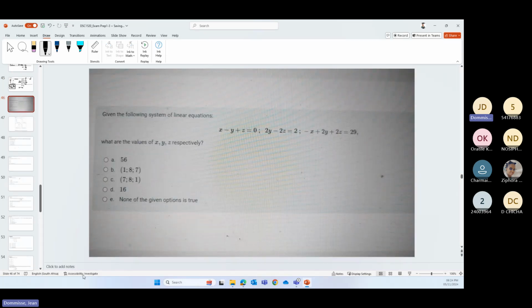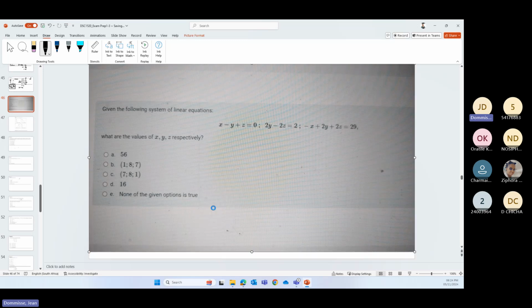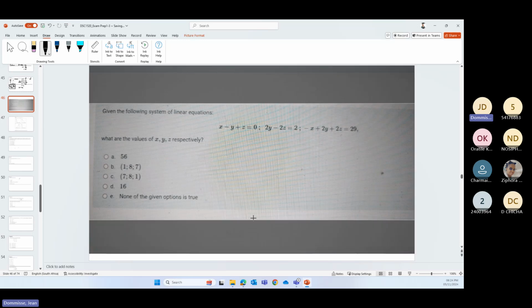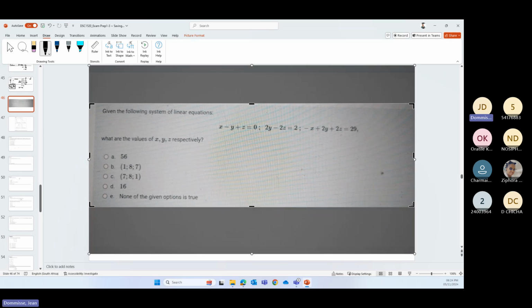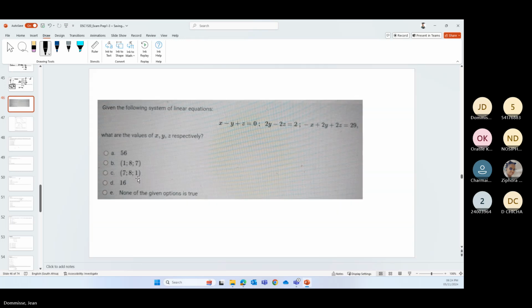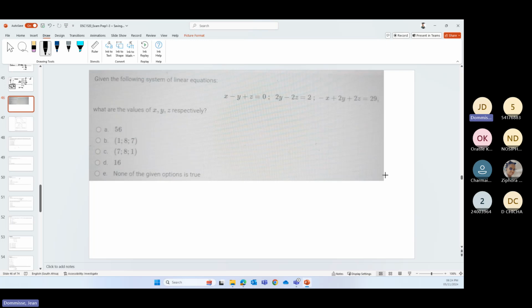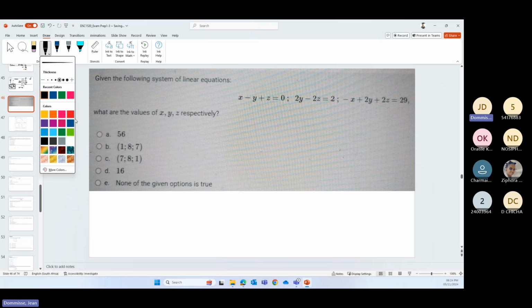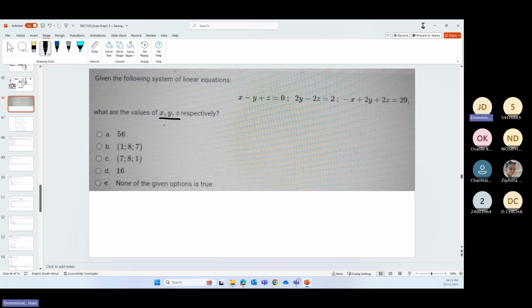Okay, so this, you can see, was from last semester. It was one of the questions in one of the assignments of last semester. Here we can also see three equations, and then they do something interesting.